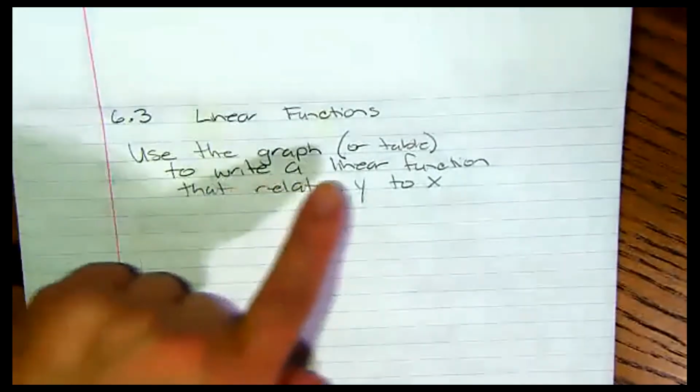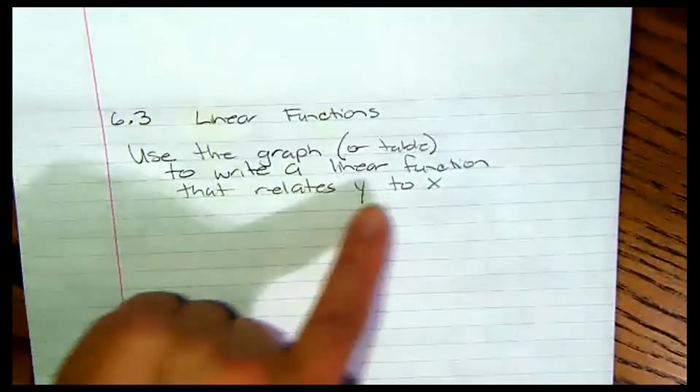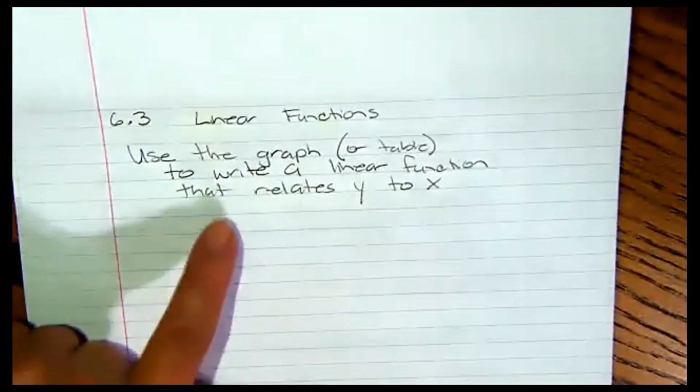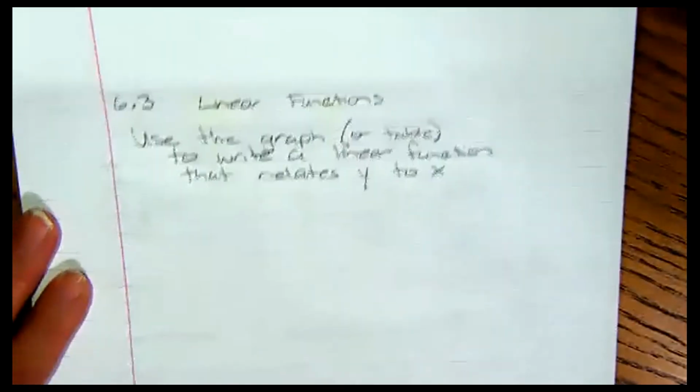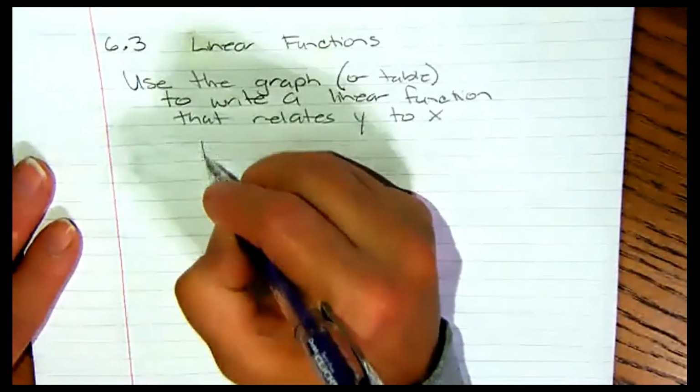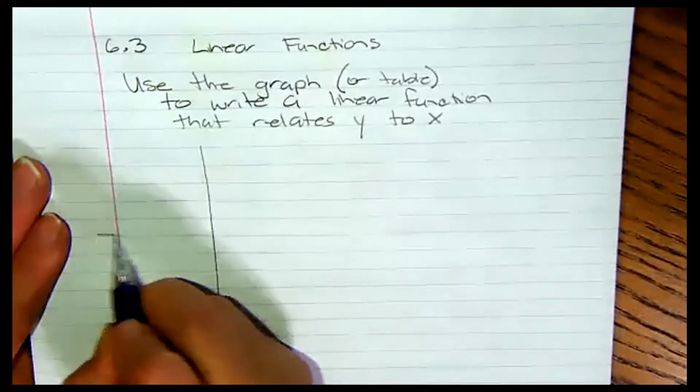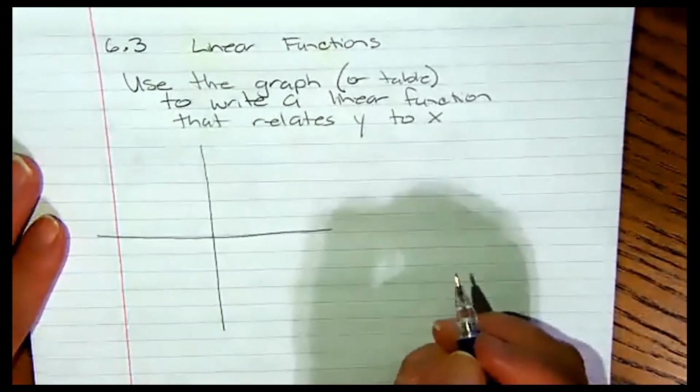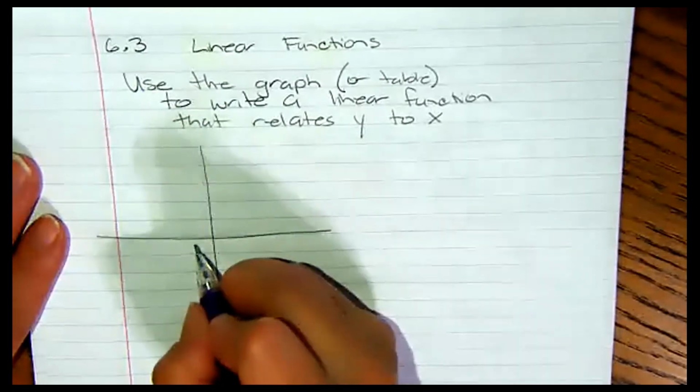So use the graph or table to write a linear function that relates y to x. And they will give you a graph or a table, and the points will be marked.